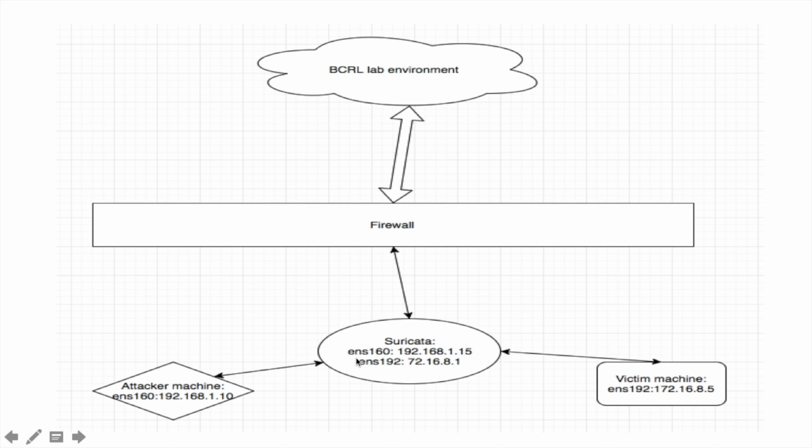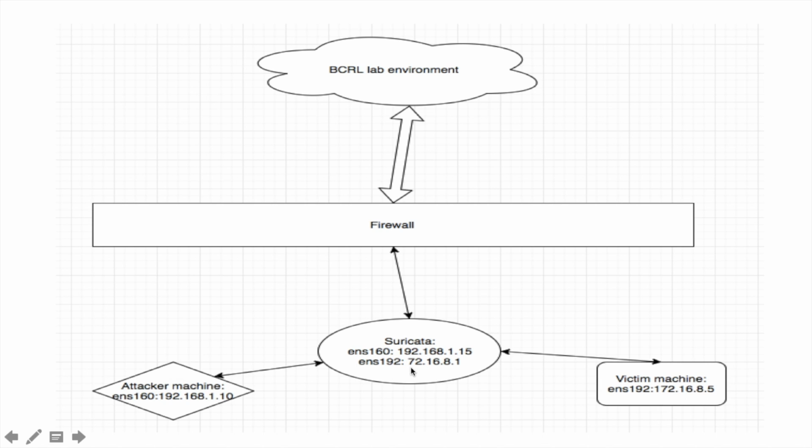It has an IP address in the attacker network, ENS160, of 192.168.1.15, and it also has another IP address in the victim network, where it is the gateway of the victim network. So everything going in and out of the victim network is going to be seen by the Suricata machine.